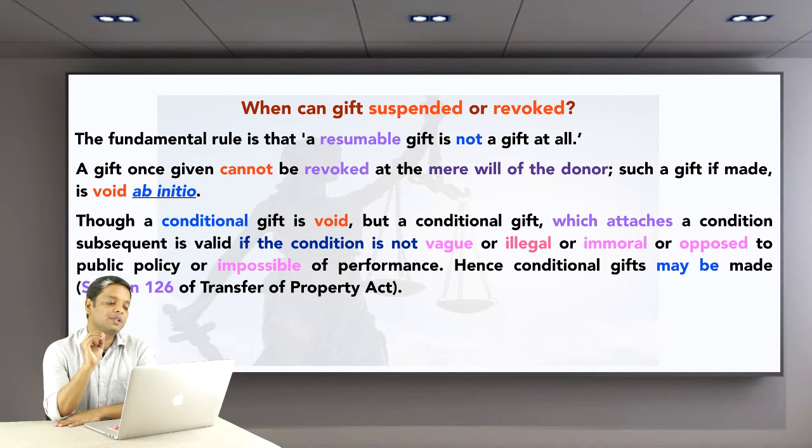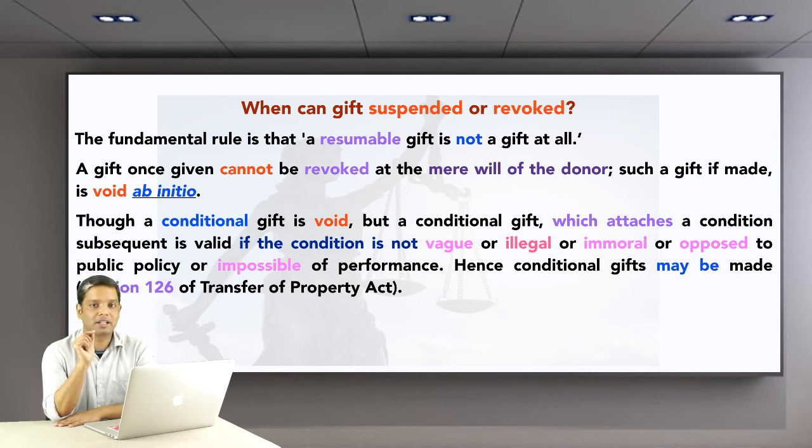So what this provision, defined under Section 126 of the Transfer of Property Act, is saying is that in certain conditions a conditional gift is allowed, but those conditions shouldn't be vague, illegal, immoral, opposed to public policy or impossible of performance. And I believe you must understand all these points because we have discussed them: illegal, immoral, opposed to public policy or impossible of performance, everything we have discussed.